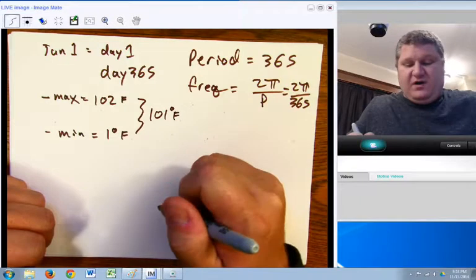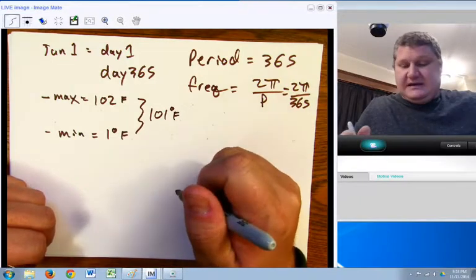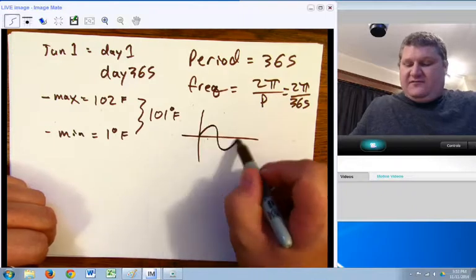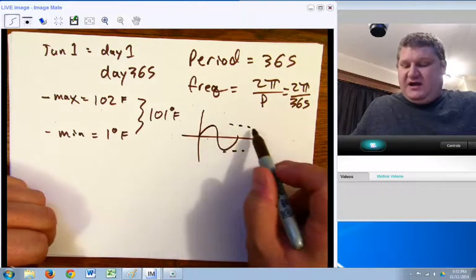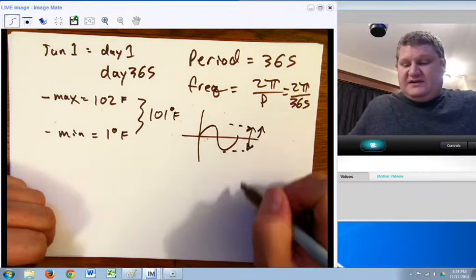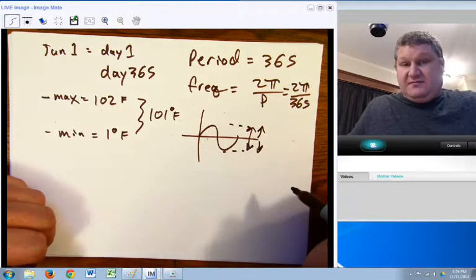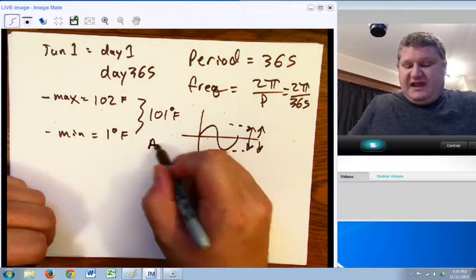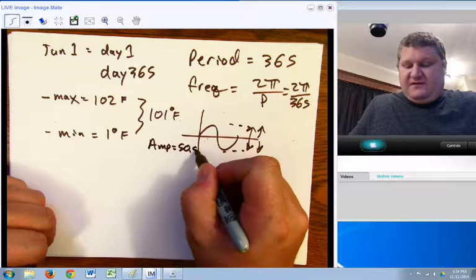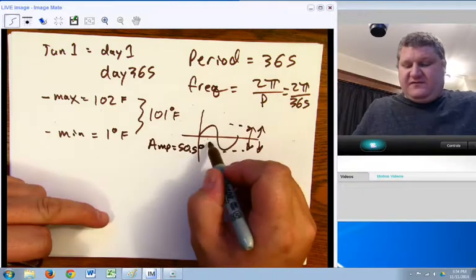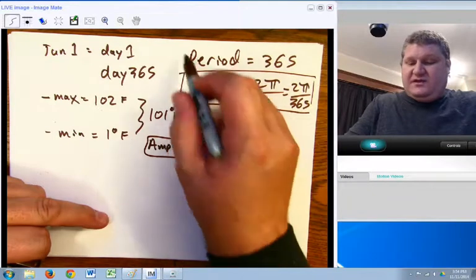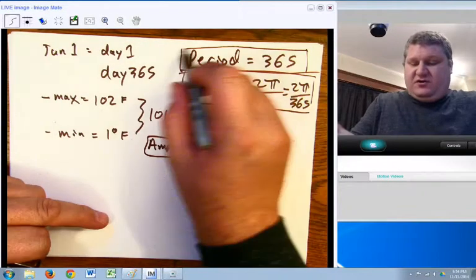Now, 101 degrees Fahrenheit doesn't really help me a ton, because from any sine or cosine wave, the total top to total bottom is not what I'm looking for. I'm only looking for the distance from the middle to the top or the middle to the bottom. So in this case, we would say the amplitude is going to be 50.5 degrees.